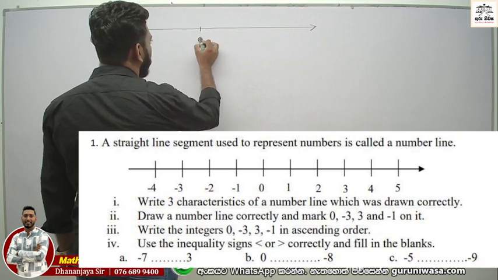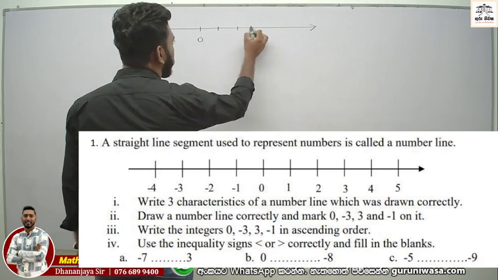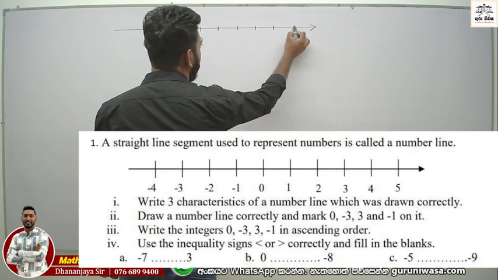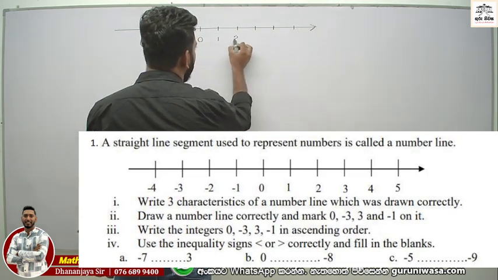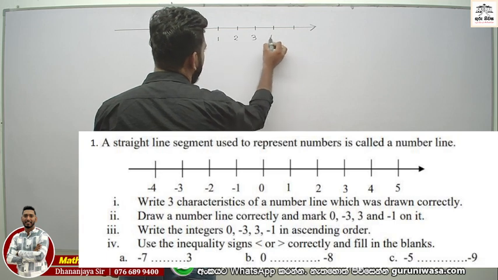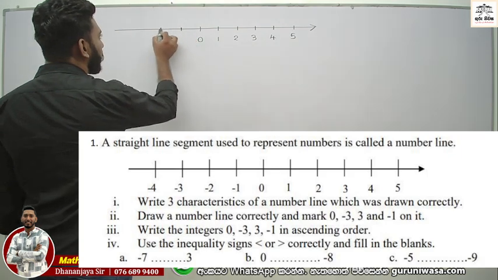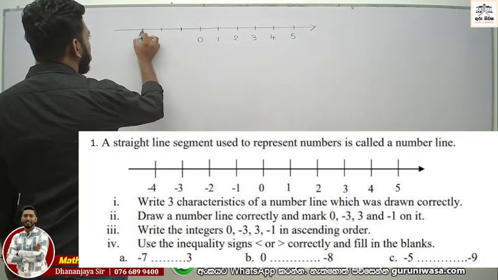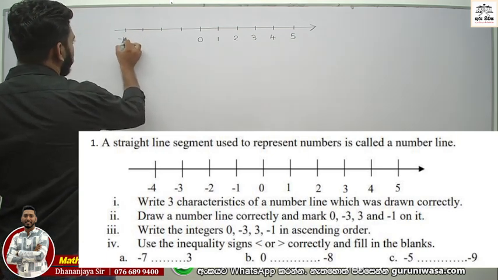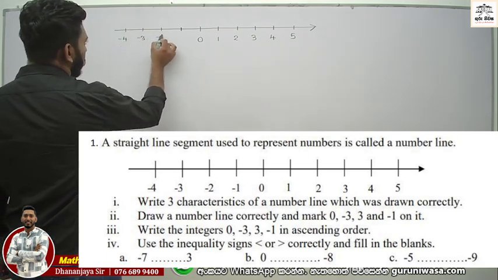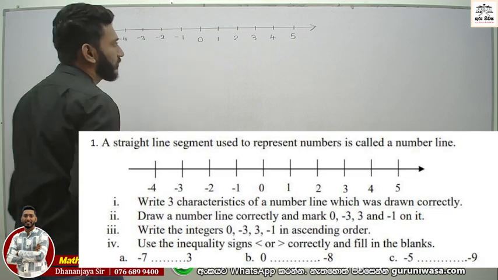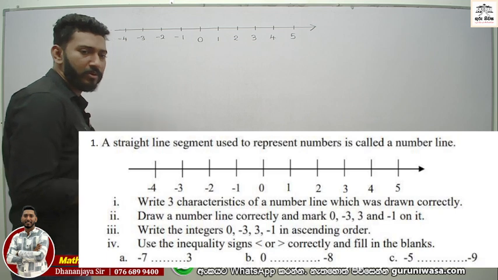This is 0, 1, 2, 3, 4, 5. This is the positive side. And the left hand side of the 0, minus 1, minus 2, minus 3, minus 4. Like this.